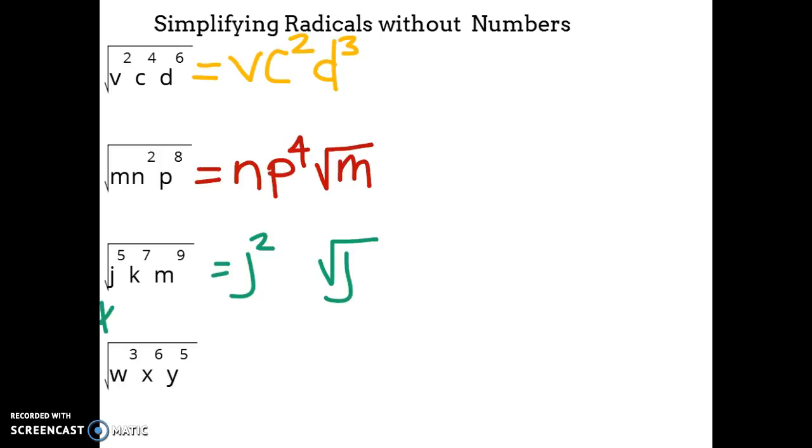What about k? One, two, three. 3 sets of k's can come out. One of them has to stay in.